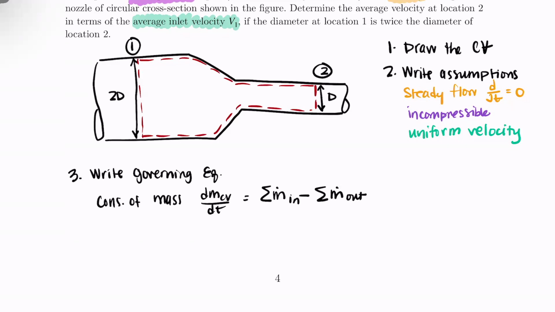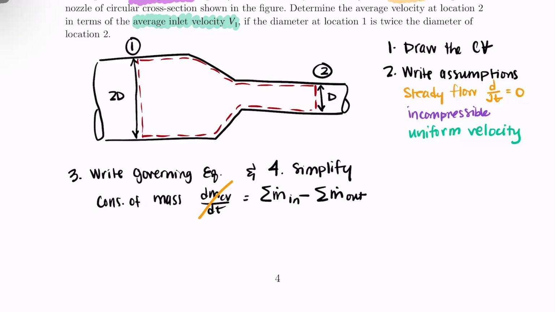Okay, and then for step 4, we're going to simplify based on our assumptions. Okay, so we know that steady flow means that our time derivatives are 0, so we can get rid of this guy, right?